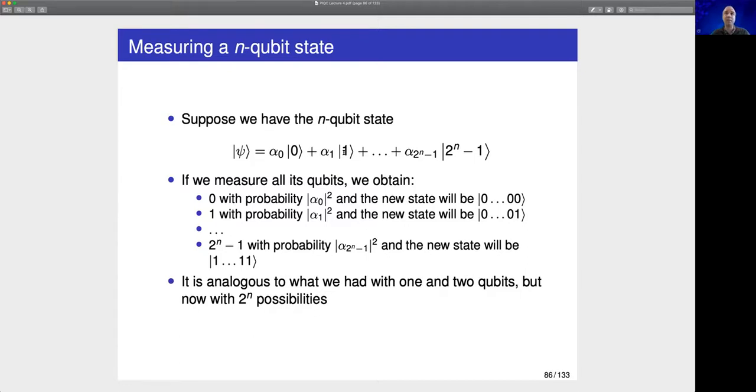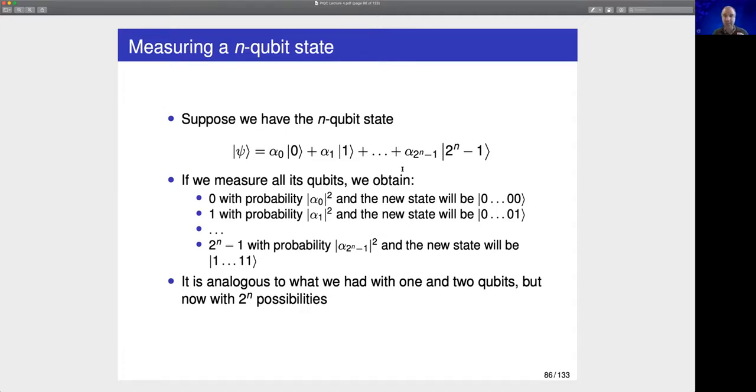And the probability of obtaining one of these states is exactly the amplitude squared of that state in the superposition that is the general state. And after this measurement, you know that we have the wave function collapse, and now we have this state that we have measured. We do not have a superposition anymore.